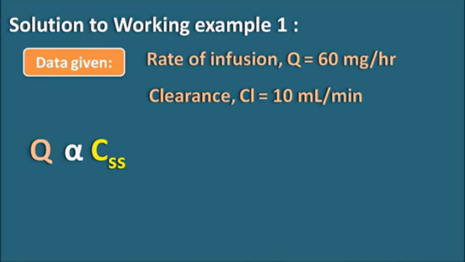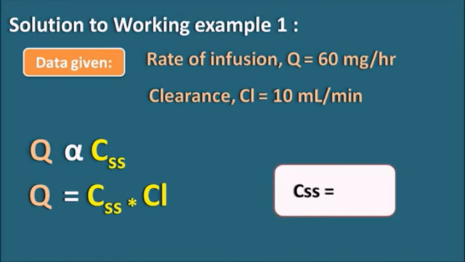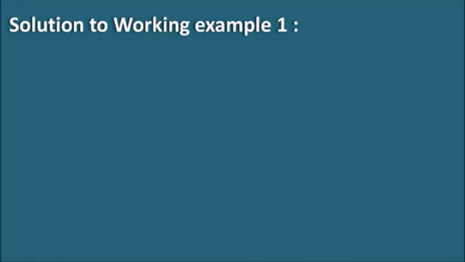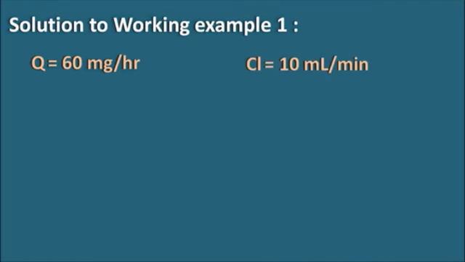So the equation will become Q equals CSS into CL, that is clearance, because we know that CSS equals Q upon CL from our previous presentation. So let's calculate. Q is given as 60 mg per hour and clearance is given as 10 ml per minute. Now we can observe that the units are different. It is in hour and it is in minute.